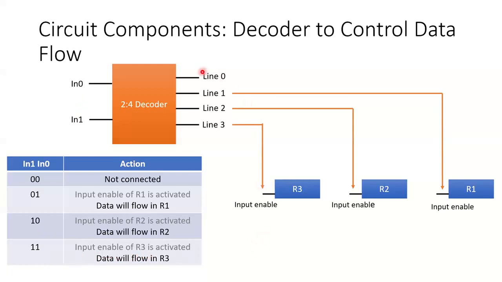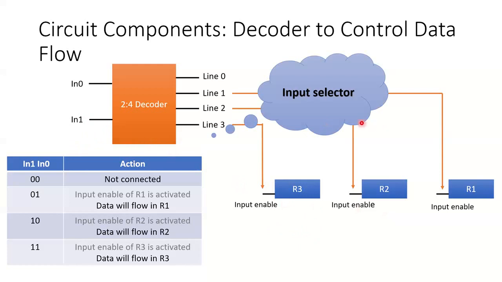Now, because line 0 is not connected to anything, because we don't have a register 0, it doesn't matter what you do when you have input as 0, 0. Now, because we are controlling the input enables of registers using this decoder, we call it the input selector. So it decides where I'm putting my data in, right? Remember that. So your in0, in1 decides where you're putting your data in.